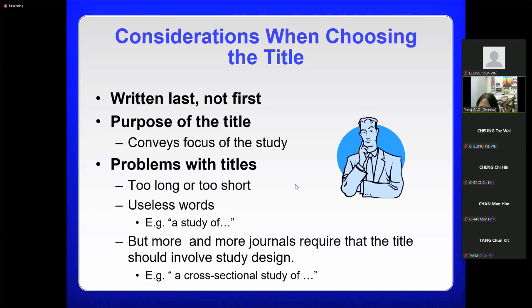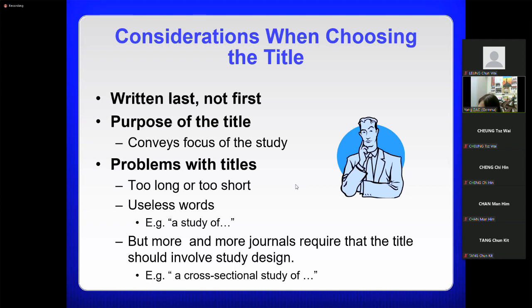Why is this one useful? More journals recently require or encourage authors to include the study design in the title, because for a given study design, there are similar objectives and similar advantages and disadvantages.